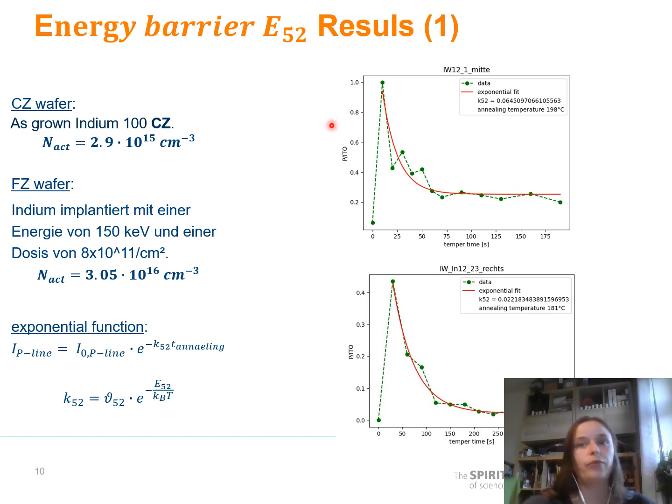The measured data were fitted from the point at which the curve decreased using an exponential function. The determined rates were then plotted in the Arrhenius plot to determine the energy barrier.